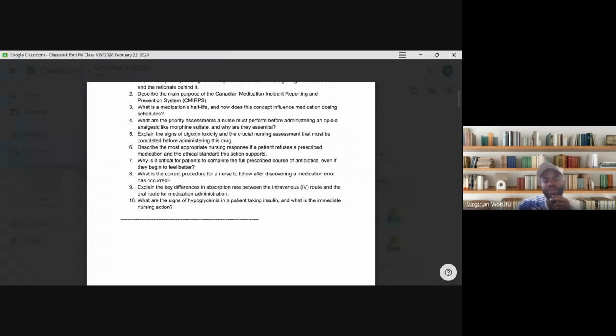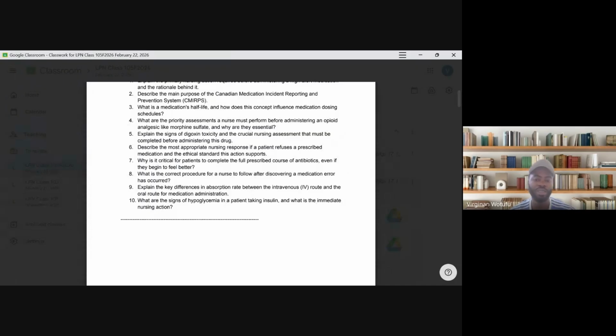We mentioned earlier at the beginning of the class when we were looking at the routes of administration, like IV routes, medication is directly introduced into the bloodstream, so it's being carried to the target sites, right?